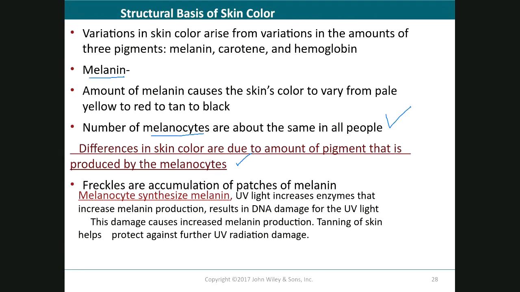So people who are a little darker skinned will have more melanocytes versus people that are a little more fair will have less melanocytes. So as we discussed in the past, melanocytes synthesize melanin or give us a tan when we're exposed to UV radiation or light. Sometimes, if we're out for long periods of time without sunscreen, we could actually damage, even though we produce some melanin, but sometimes that's not enough.